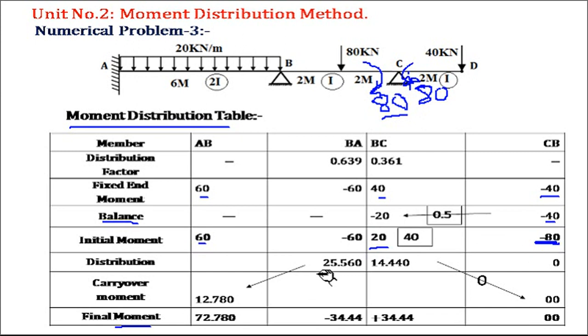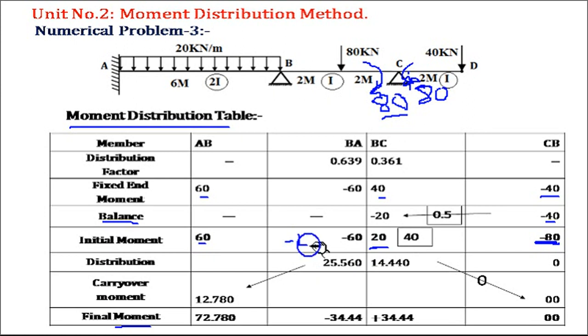Now the next step is the distribution. At joint B, two members are connecting, BA and BC. To keep joint B in equilibrium, the moments in members BA and BC should be equal and opposite. But here the moment in BA is minus 60 and the moment in BC is 20. If you take the difference, it is minus 40.